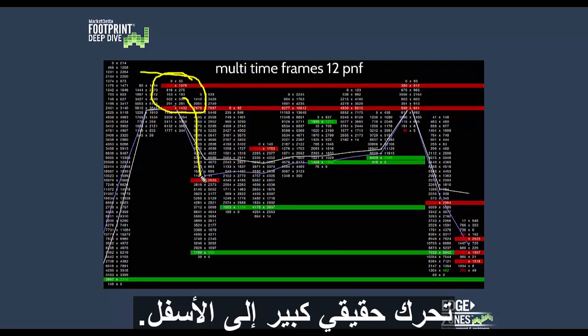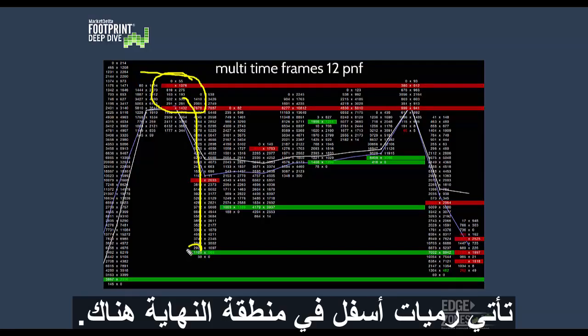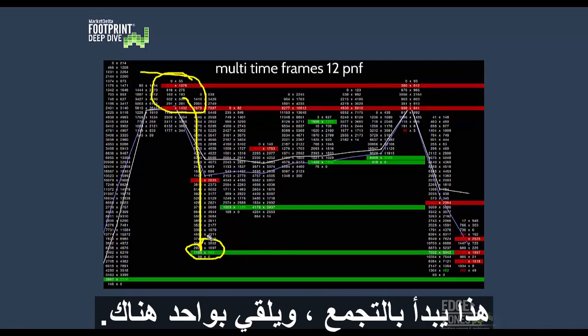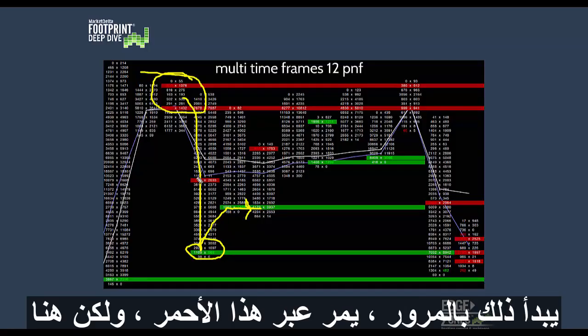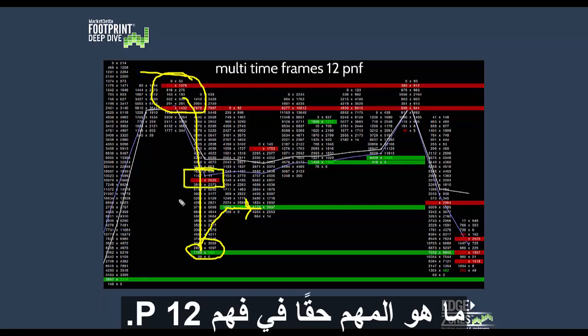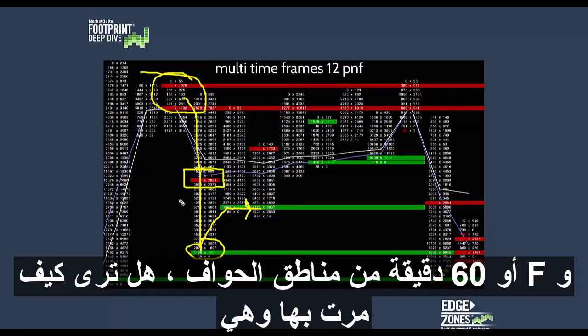Real big move lower. Comes down. Throws in an edge zone in there that goes across. Starts to rally up. Throws one in there that starts to go across. It gets through this red one. But here's what's really important about understanding 12 PNF or 60-minute edge zones.